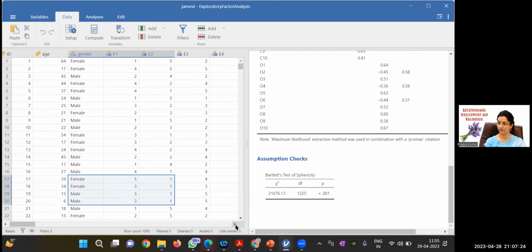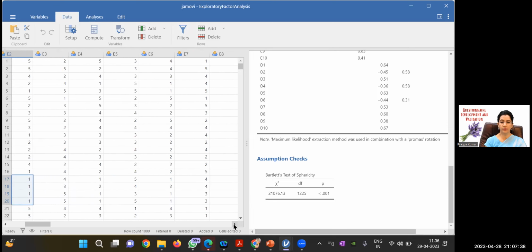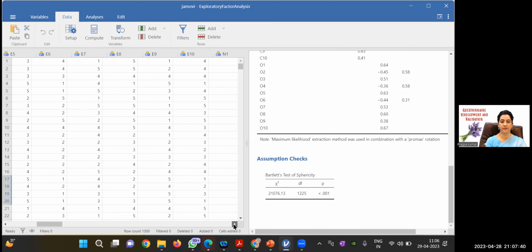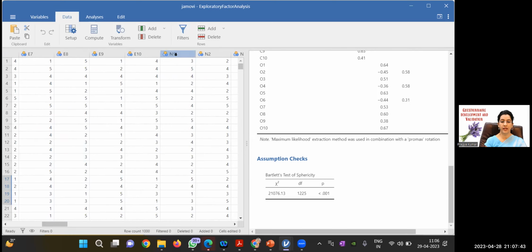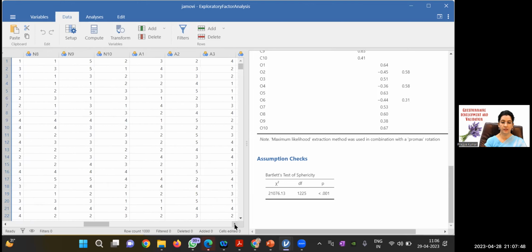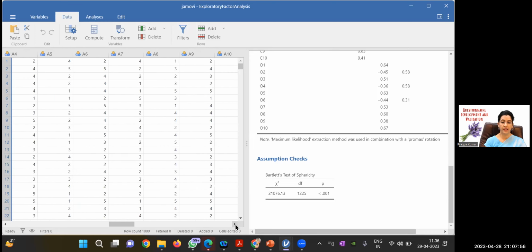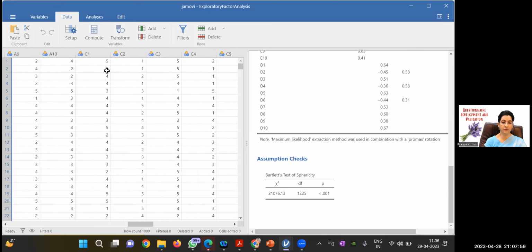If you remember the types of personality, E1 was for extraversion, so E is for extraversion, and it was E1 till E10. Then N was for neuroticism, and A was for agreeableness. All have 10 questions. And then you will see that C was for conscientiousness.